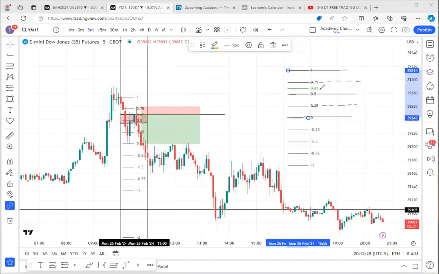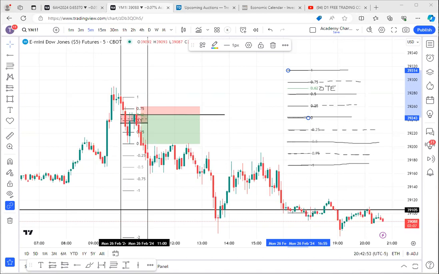And then you've got the optimal trade entry there. And again, for the grades, it's the same thing, 0 to 1, just on the negative side of the ruler. So 50% would be here, 75% is just negative 0.75, negative 0.25 right there.